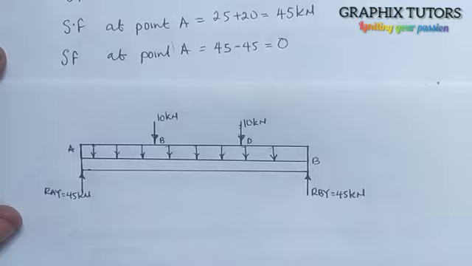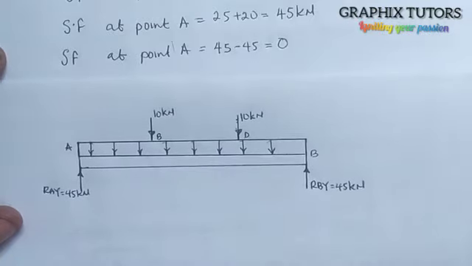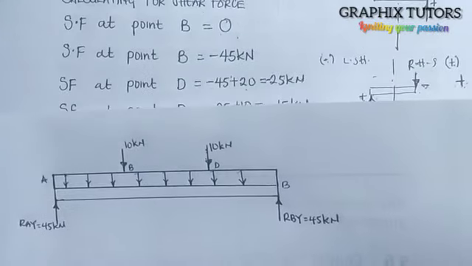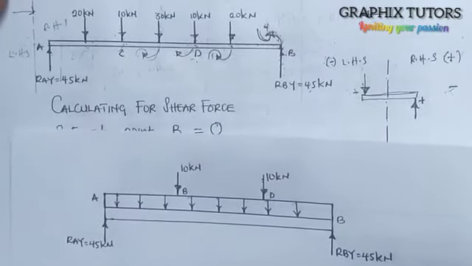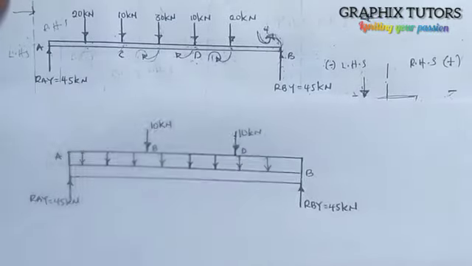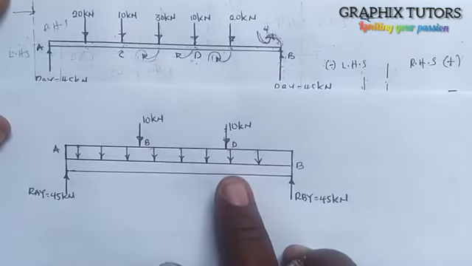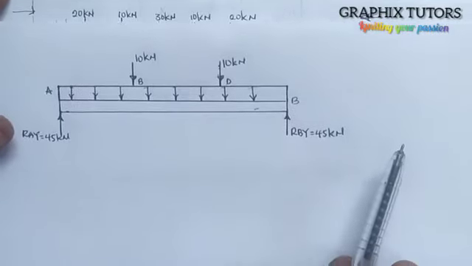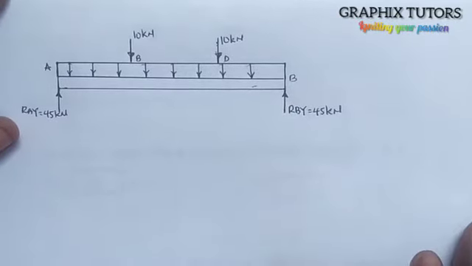Now, in drawing the shear force diagram and the bending moment diagram, I'll go back to the parent drawing, the main drawing that brought about this. I will work with this to draw my shear force diagram.